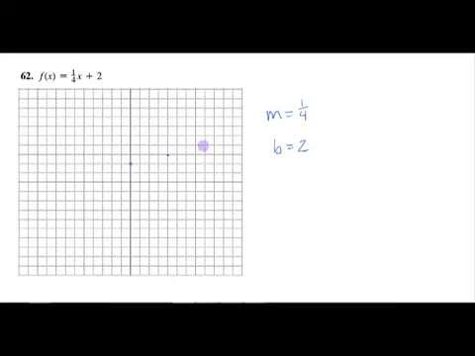Again, we can use that as many times as we want, or we could go down 1 and back 4. That's equivalent to -1 over -4, which simplifies to a positive 1/4. So let's go ahead and draw our line, and you can see we have a linear function whose slope is 1/4 and b is 2.